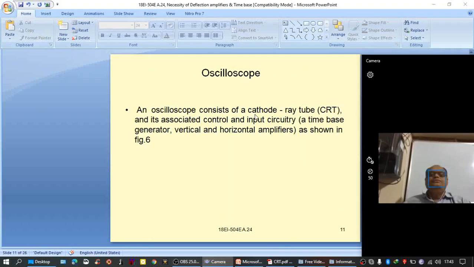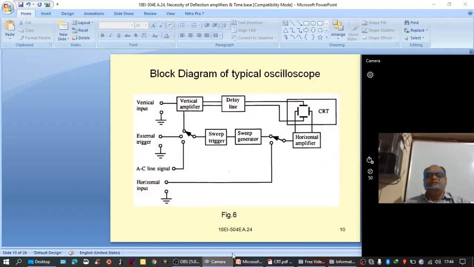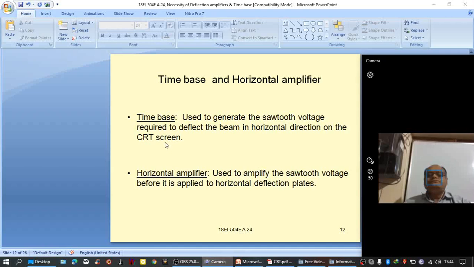An oscilloscope consists of a cathode ray tube and its associated control and input circuitry, that is a time-base generator, vertical and horizontal amplifier, as shown in figure 6, that is this one. Time base: it is used to generate the sawtooth voltage required to deflect the electron beam in the horizontal direction on the CRT screen.